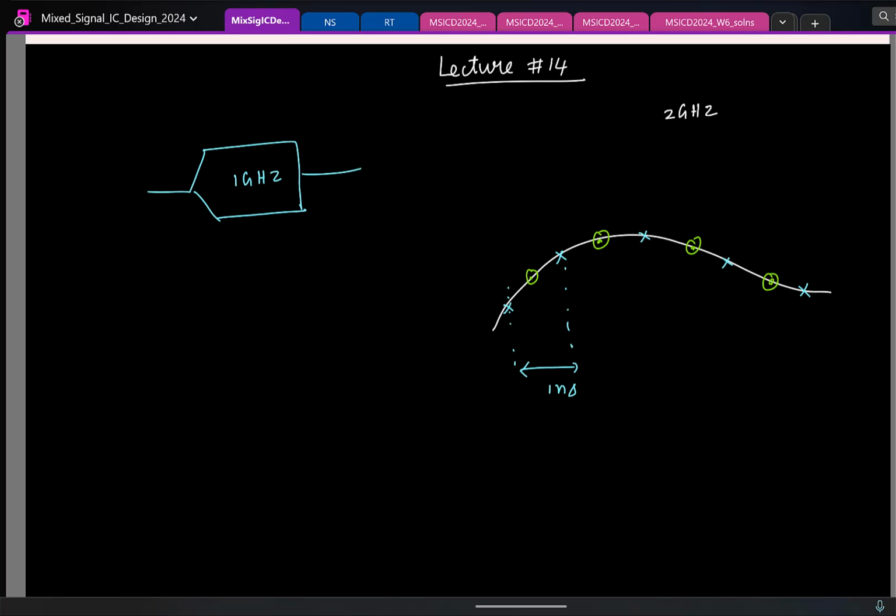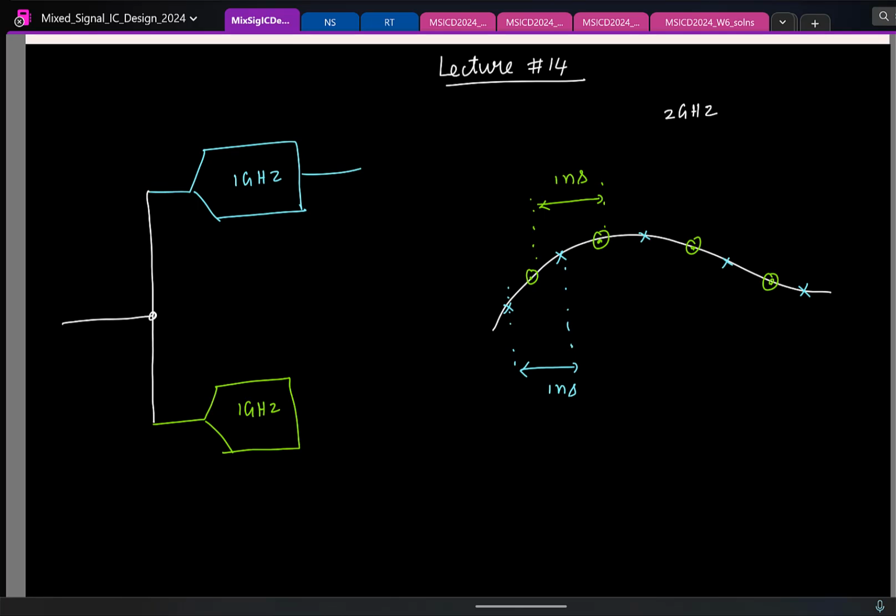Yeah, again, the idea stems from the observation that even the time interval between these two additional samples is still 1 nanosecond. So in principle, you can use another flash ADC. So I'll take an identical flash ADC here. You feed the same input. This is also operated at 1 gigahertz. But what is the difference?